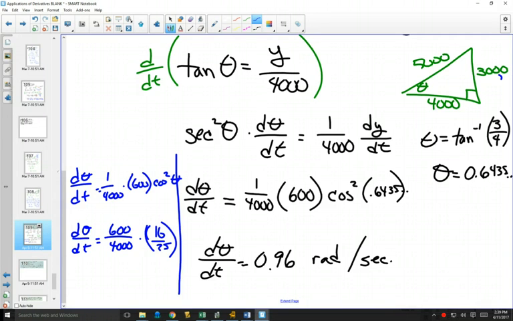Mental math looks a little scary, but 2 zeros would cancel out there. So you have 6 over 40 times 16 over 25. Can you see that I could cancel out a 4 and the 40?